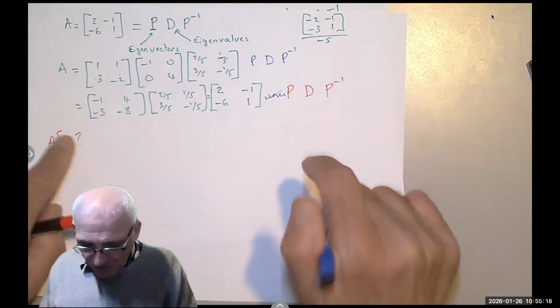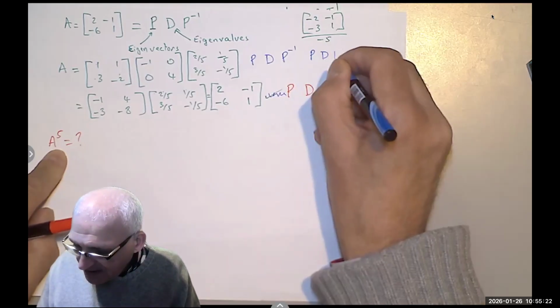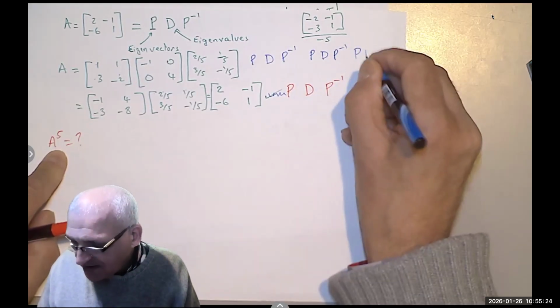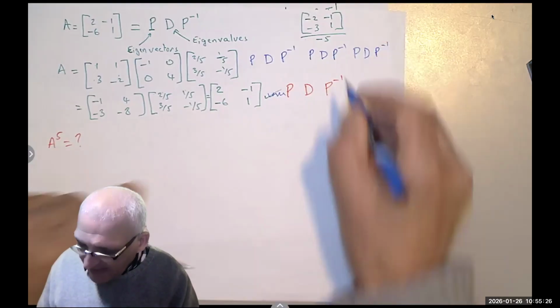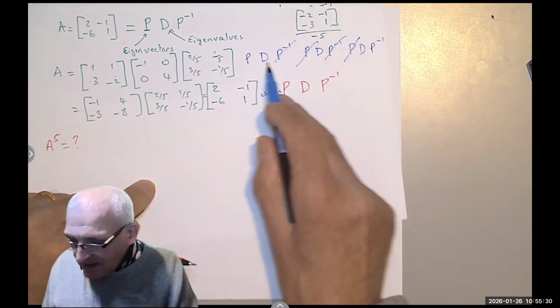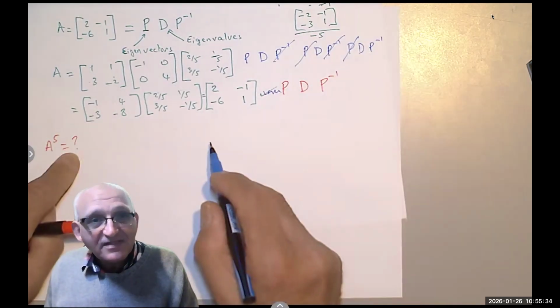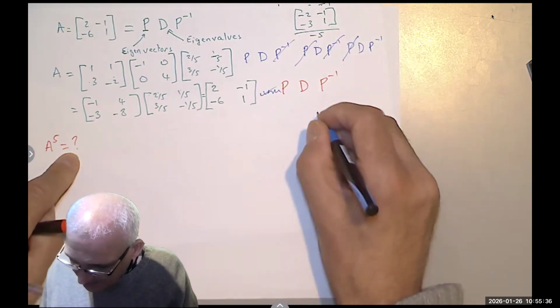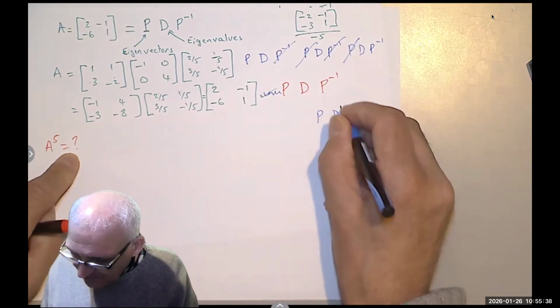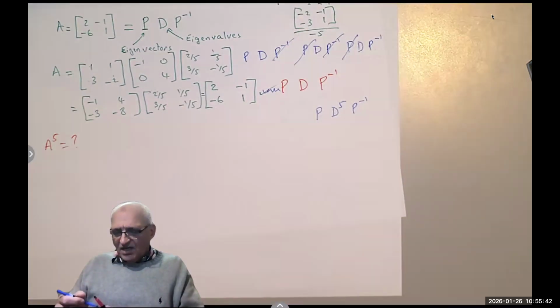And then to get A to the 5th, you multiply P, D, P inverse, times P, D, P inverse, and so on. And every time these cancel, and you end up with D cubed in this case, or D to the 5th in that case. So you will end up with P times D to the 5th times the inverse of P. And you say, okay, so how do I find D to the 5th?